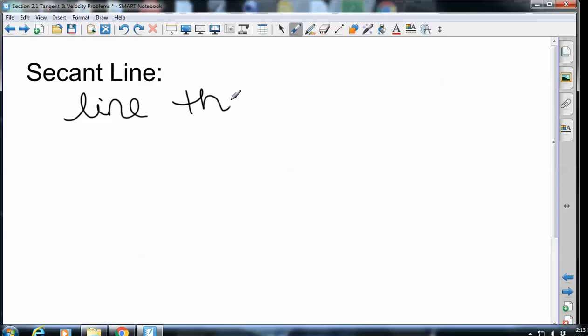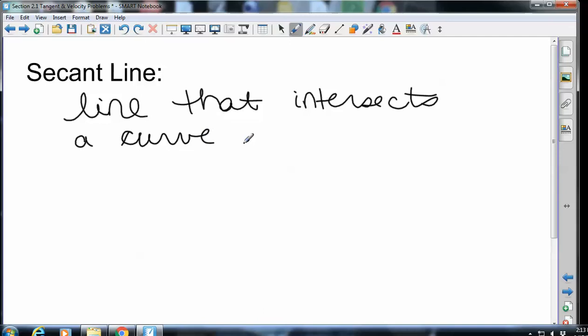A secant line is a line that intersects the curve more than once. So my tangent line hits it 1 time, my secant line hits it twice. So we're trying to get 2 points really close together that would estimate my tangent line.